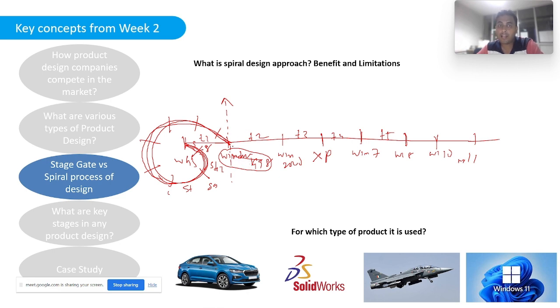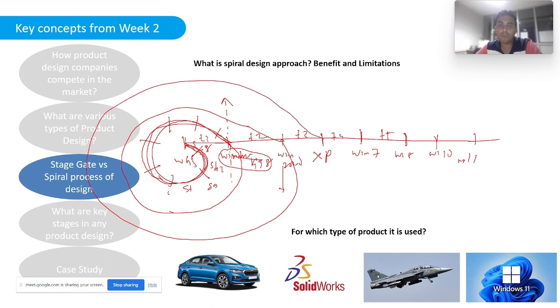Okay. Now after that, another cycle of stage gate happens, and we have Windows 2000. Then again we have Windows XP, then another stage of stage gate, Windows 7.